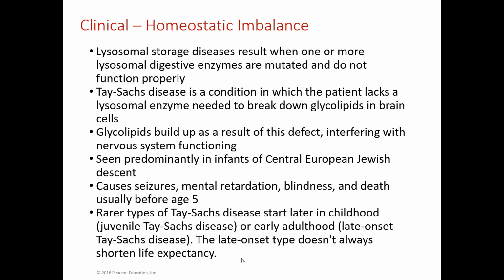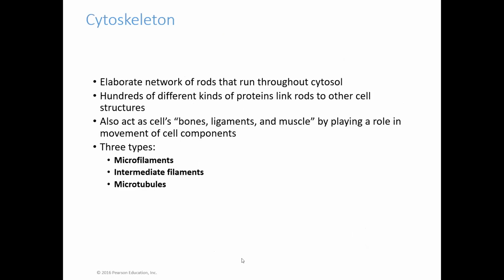Our central nervous system is fully formed somewhere through puberty, and it is no longer affected by the accumulation of these glycolipids. So it's only in our infant stage that we have this problem. So you can be an adult with Tay-Sachs. So anyway, moving on.